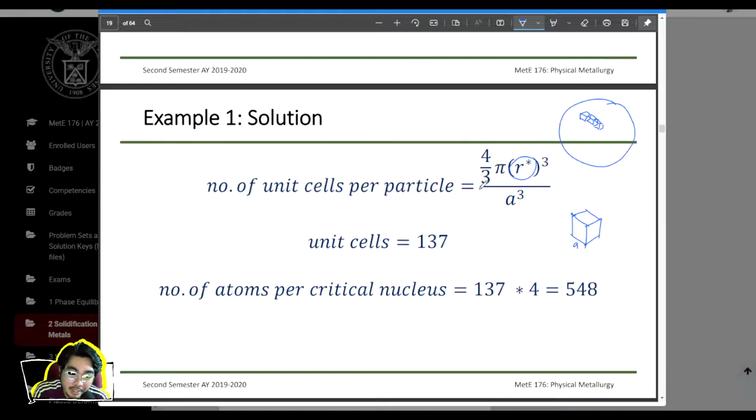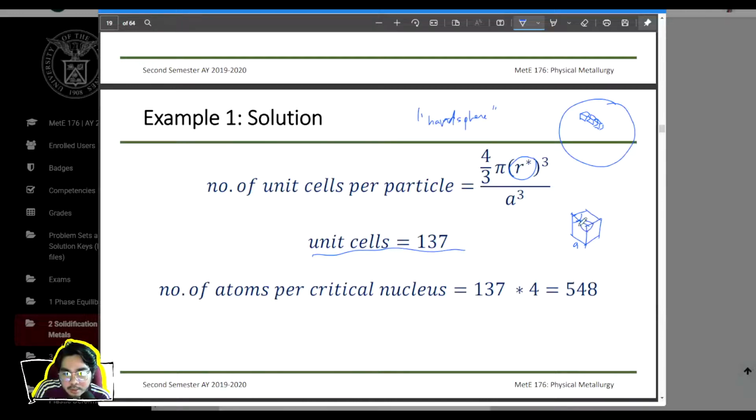So baka lang malito kayo kung paano nakuha tong number of unit cells. O bakit over A cube natin siya ginawa. So eto ang assumption dito is the hard sphere model to, no. Hopefully you remember what hard sphere model is. Hard sphere model is yung parang ina-assume natin na parang mga marbles itong natin, no.